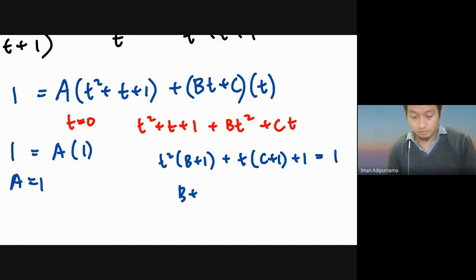So b plus 1 should be 0, and c plus 1 should be 0.